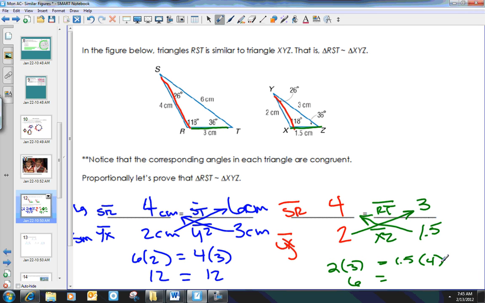Okay, so 2 times 3 is 6. Does that equal 1.5 fours? Well, I know that half a 4 is worth 2. So 1.5 fours would be 4 plus 2, and that is also 6. So these are equal, and they are similar triangles.